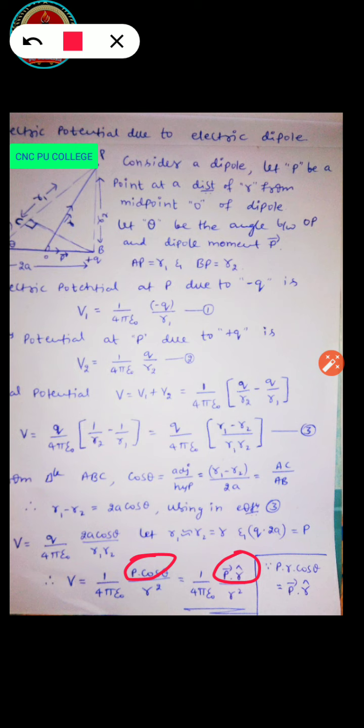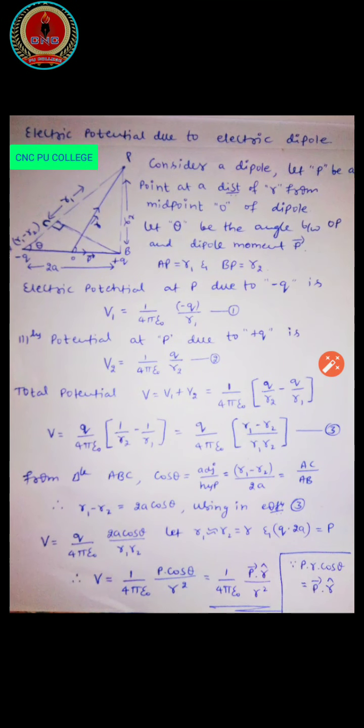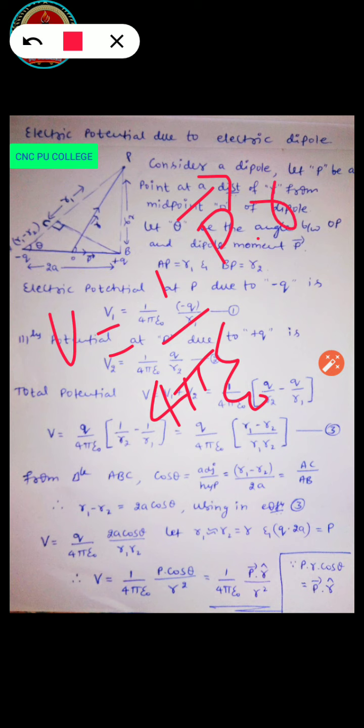Why? Because vector p dot vector r cap is nothing but p into 1 into cos theta, that is p cos theta. So we have the final expression, the potential due to an electric dipole: V is equal to 1 by 4 pi epsilon naught into vector p dot r cap divided by r squared, where p is the dipole moment.